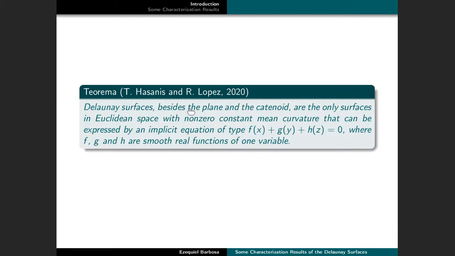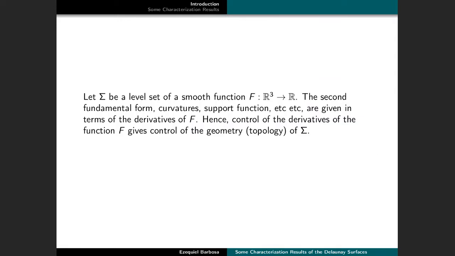And of course, planes and catenoids satisfy this condition as well for special functions. As I said, this problem is very interesting because you can explore the asymptotic behavior of the ends. And what we would like to do is exactly this, explore this kind of decay.